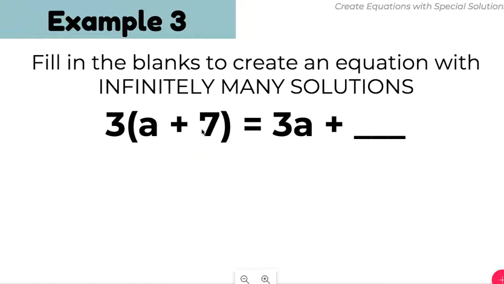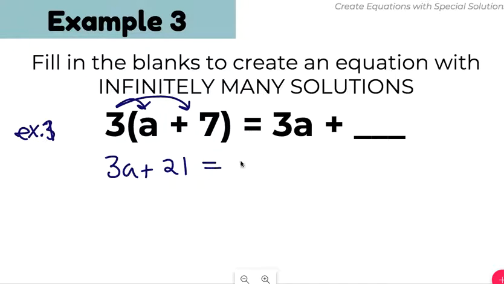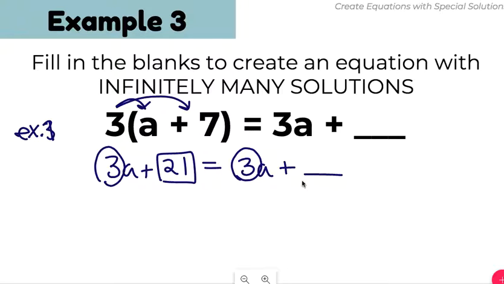Next one. Don't copy the instructions, just copy the example. Oh, it's 3. First thing is to simplify. So I'll distribute. I get 3a plus 21 equals 3a plus blank. Same coefficient. I have a 3 on both sides. Same constant. 21 on the left.